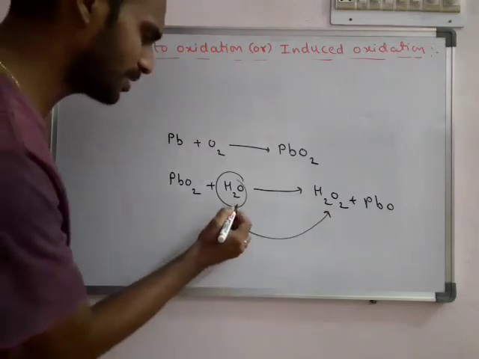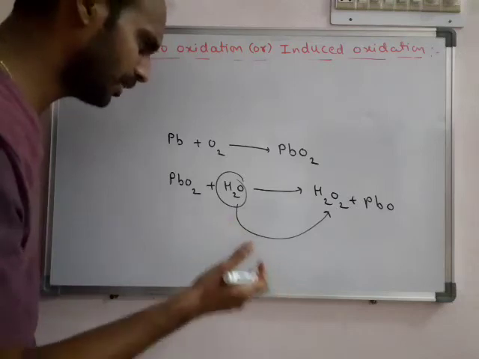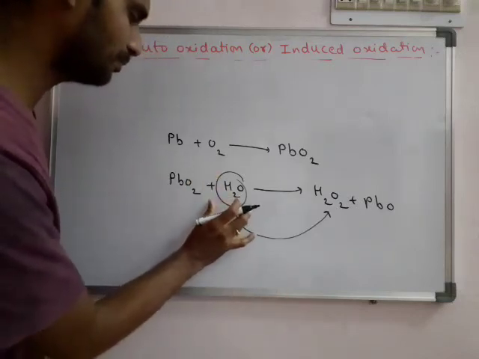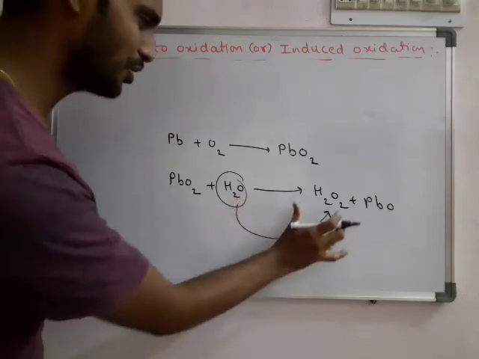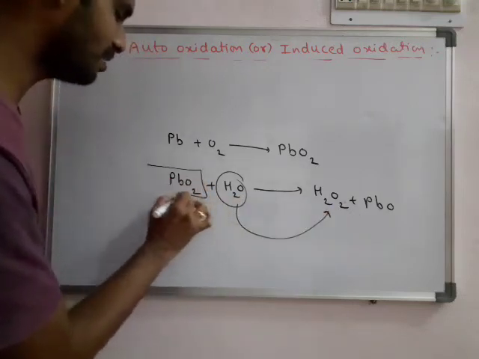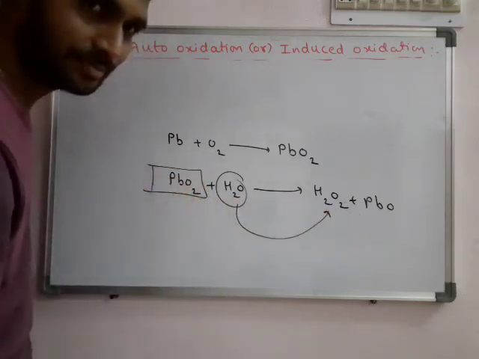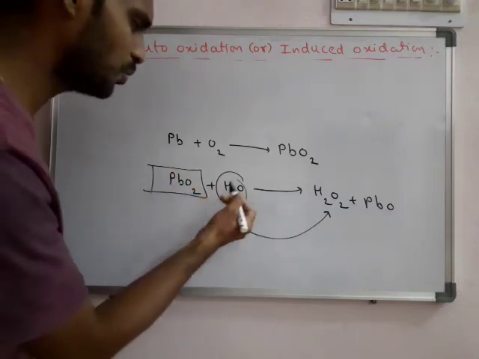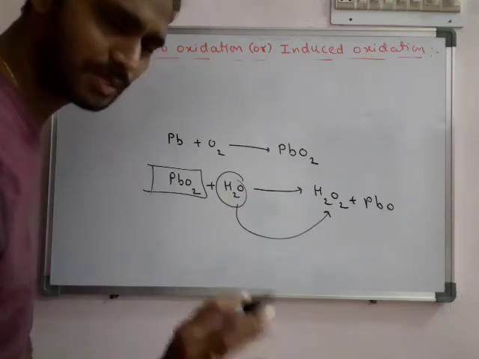So actually in the presence of air, the perfect choice is H2O. ఇక్కడ H2O is oxidized to H2O2 by this lead dioxide. Okay, lead dioxide ఈ H2O2 oxidize అవ్వడానికి రెస్పాన్సిబుల్.